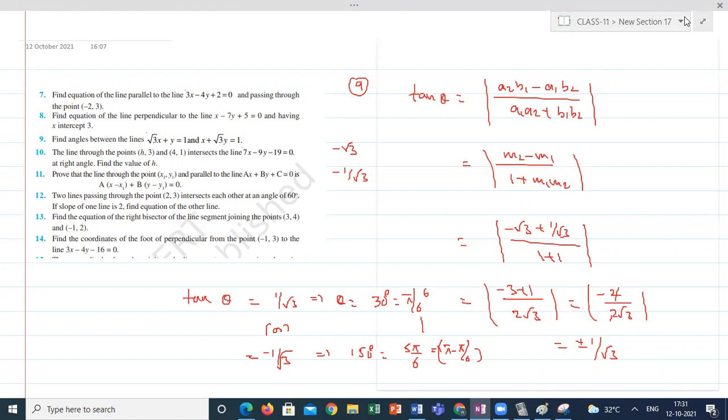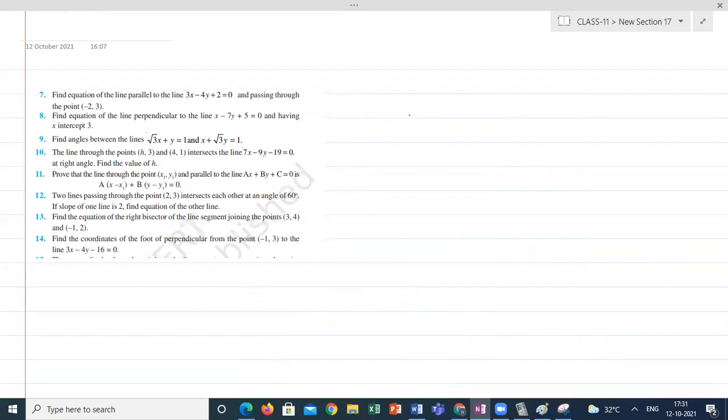Go for the 10th question, students. Question number 10. Please solve question number 10.